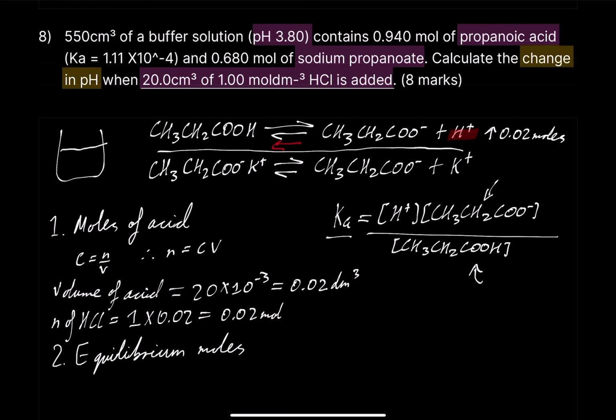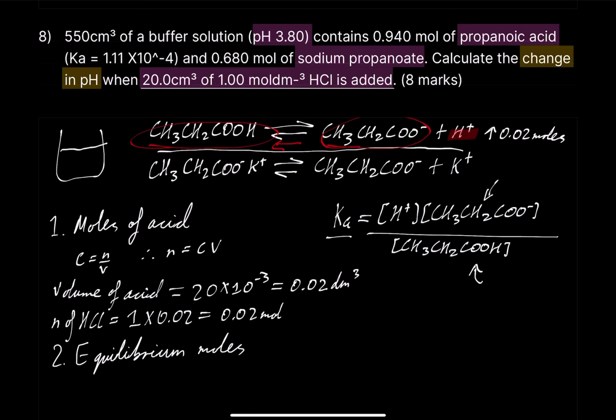So by doing so, we're going to decrease our concentration of propanoate ions by 0.02 to increase our moles of propanoic acid, right? So if we're increasing our H plus concentration by 0.02, equilibrium shifts to the left to increase the concentration of propanoic acid.